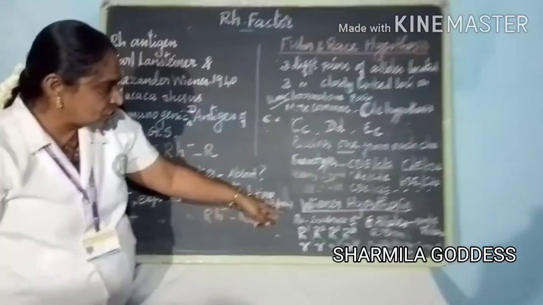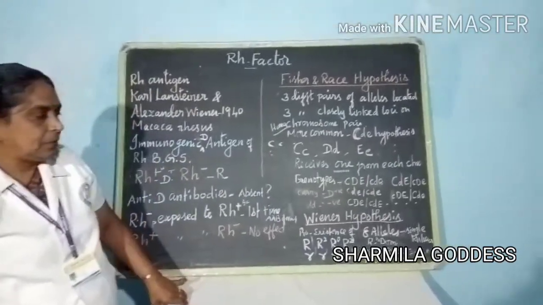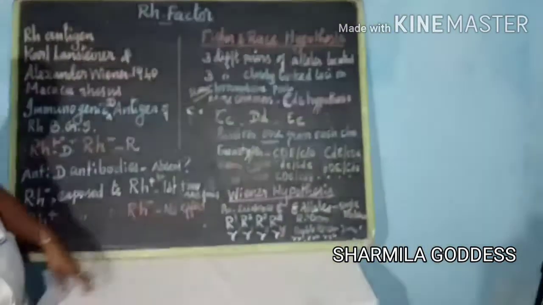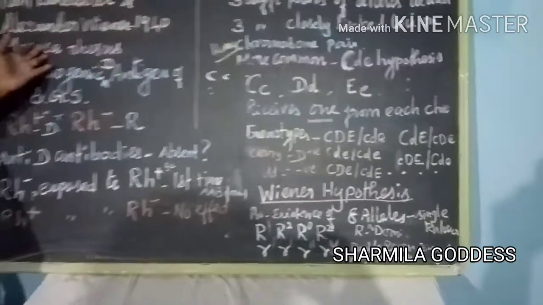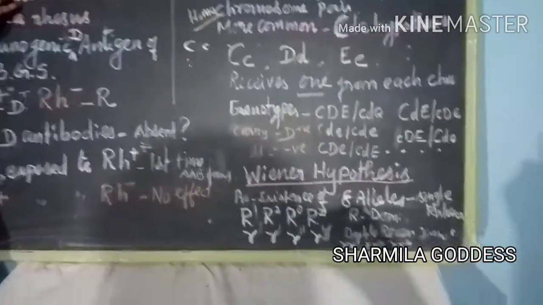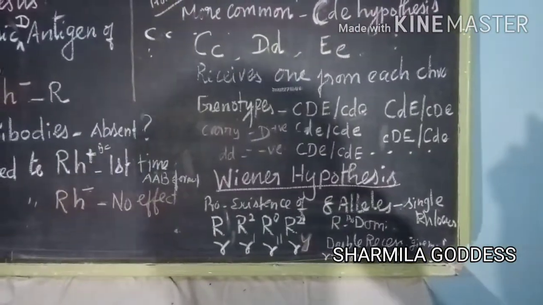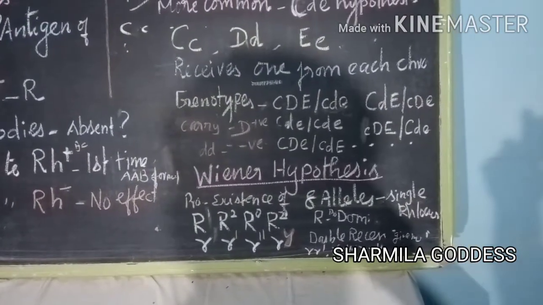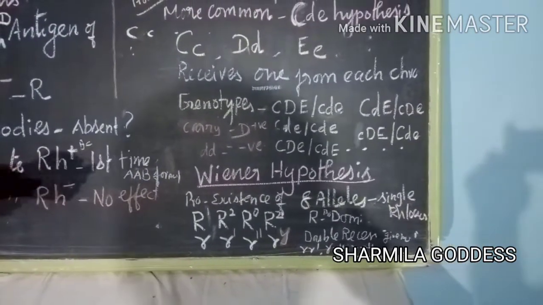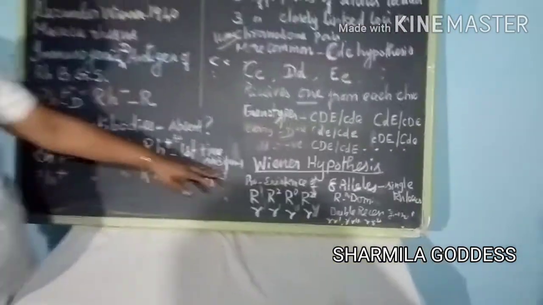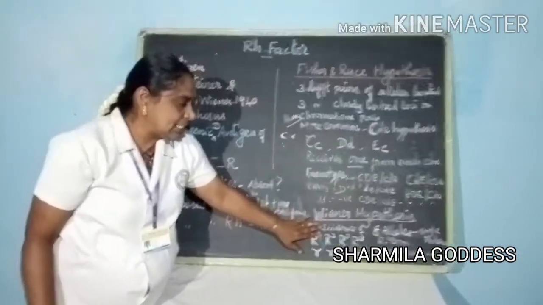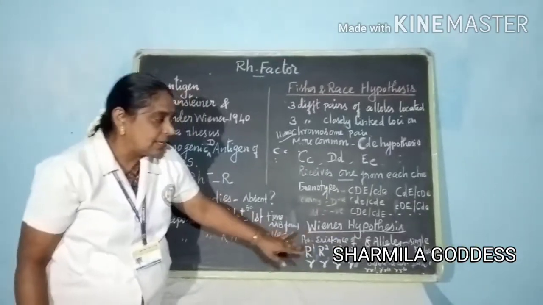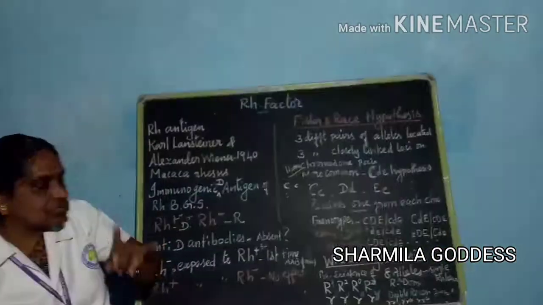Let us move to the next one, the Wiener hypothesis. Who is Wiener? Alexander Wiener accompanied Landsteiner in the discovery of the RH antigen. Wiener proposed the existence of 8 alleles at a single RH locus.